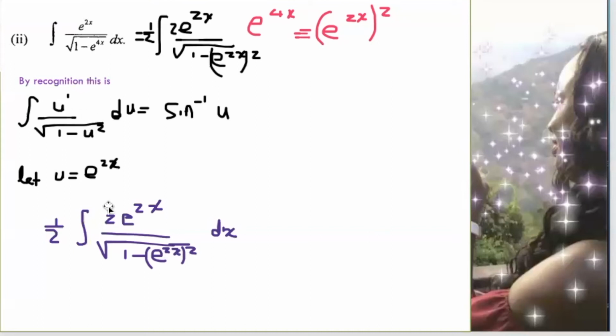So just by looking at this, it's exactly by recognition, it's a sine inverse. The integral of this will give us sine inverse. So that means the answer for this is a half sine inverse, and in this case, our u is e to the 2x, and we have our plus c, which is our constant. And that's it.